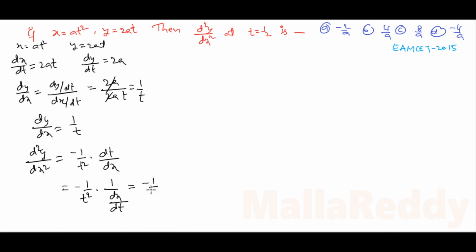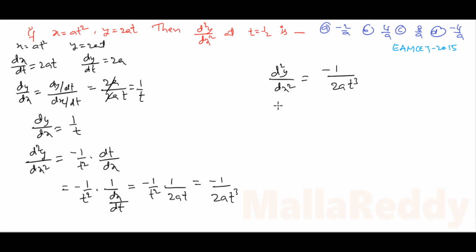The value of dx by dt is 2at, that is equal to minus 1 by 2at cube. Therefore d square y by dx square is equal to minus 1 by 2a t cube.